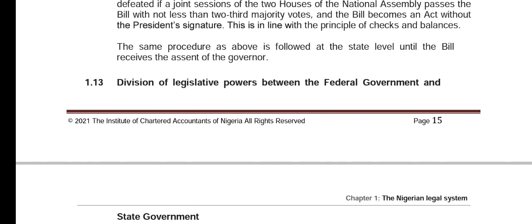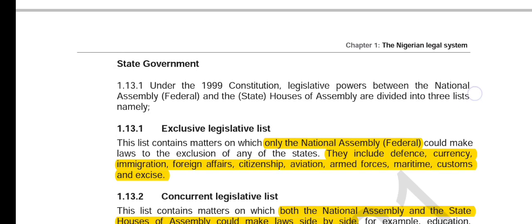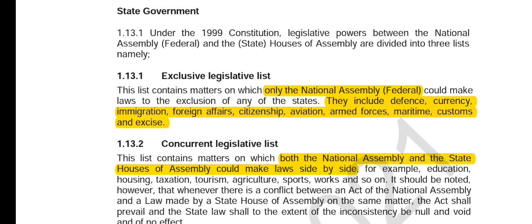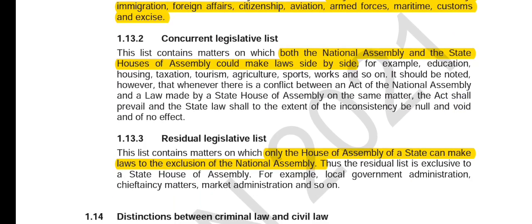Now we'll find out that there is a division of legislative powers between the federal government and state government. In as much as we have the three arms of government, in the legislative arm there are matters that the National Assembly presides over alone, and the State House of Assembly presides over alone.